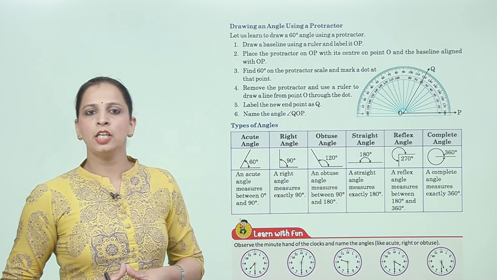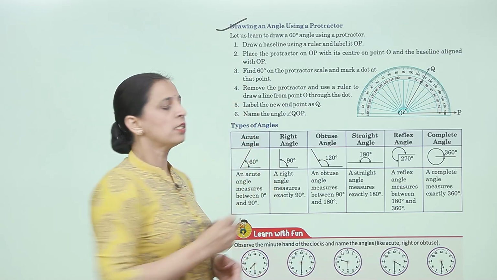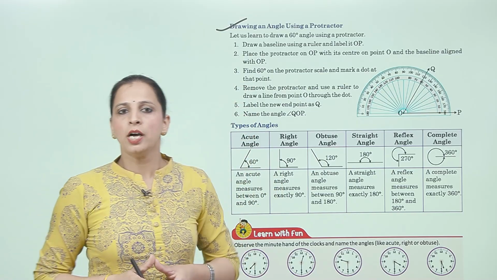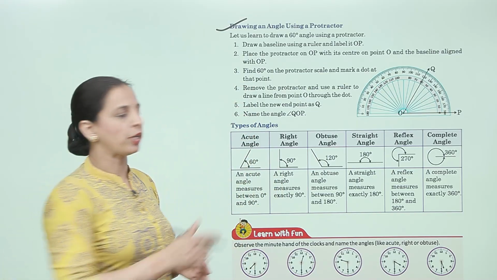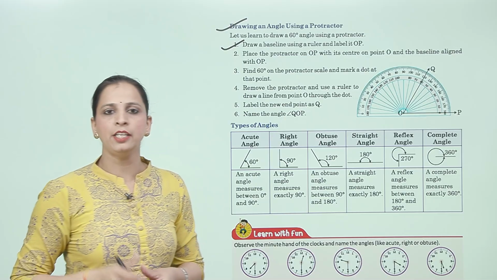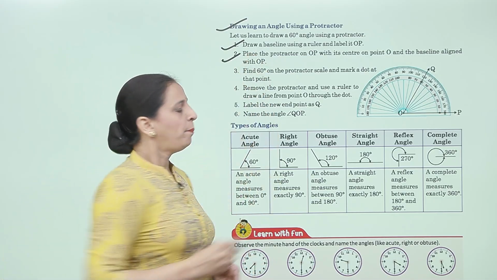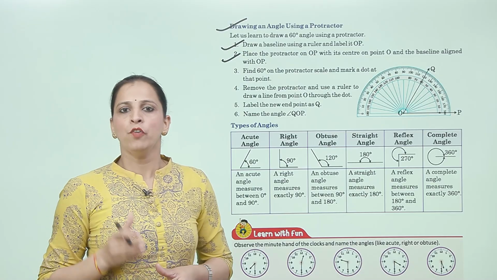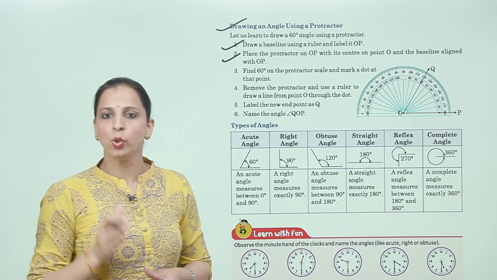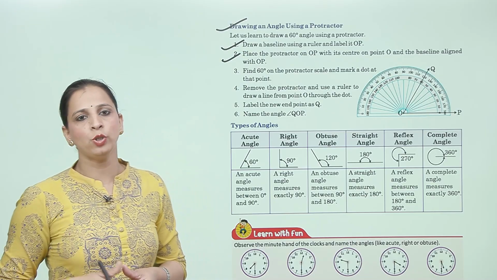Now, drawing an angle using a protractor. Let us learn to draw a 60 degree angle using a protractor. First, draw a baseline using a ruler and label it OP. Place the protractor on OP with its center on point O and the baseline aligned with OP.